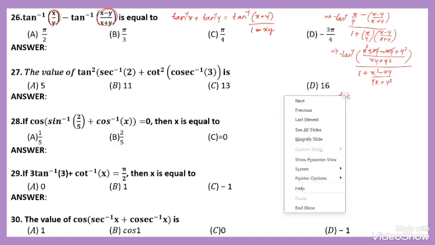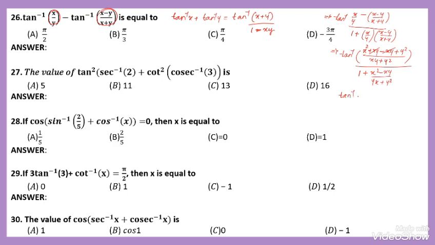Again, tan inverse of x square plus y square divided by xy plus y square. While solving the numerator, while taking the LCM, it becomes yx plus y square plus x square minus xy, divided by the denominator xy plus y square.